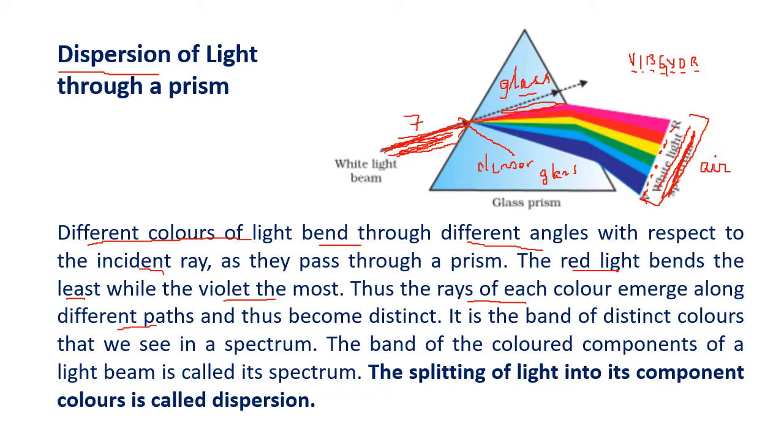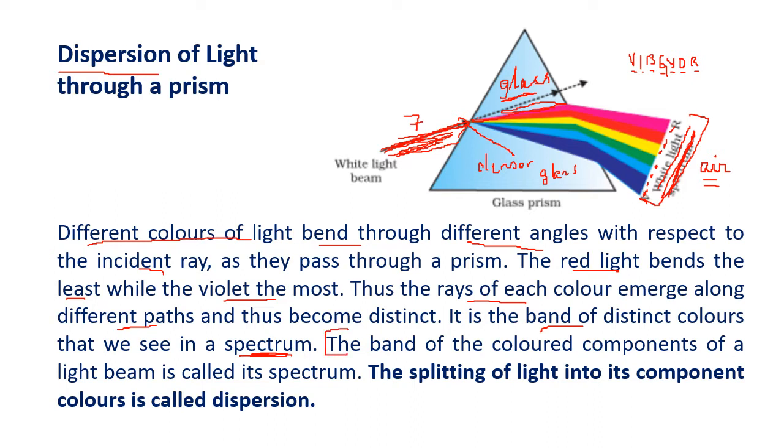Why? Again, all these 7 lights have got almost the same velocity in air. But in glass, velocity of the lights become different. So they bend differently. So this band of distinct colors is called a spectrum. Remember, this is the visible spectrum, the colors we can see.